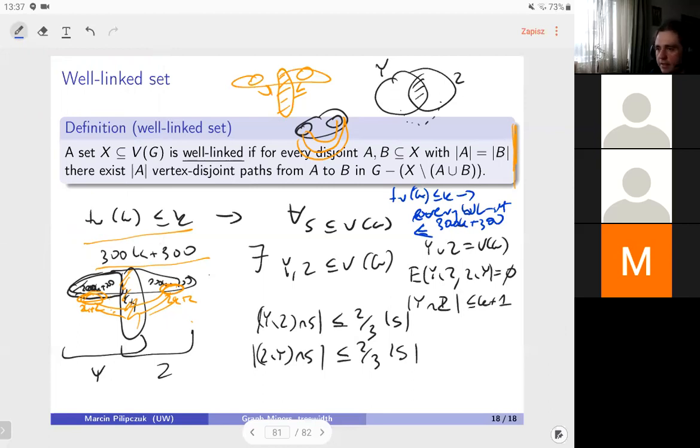So small treewidth means that you can't have large well-linked sets, but there's also another way around. If you don't have large well-linked sets, then the algorithm that I presented will compute a tree decomposition of small width.